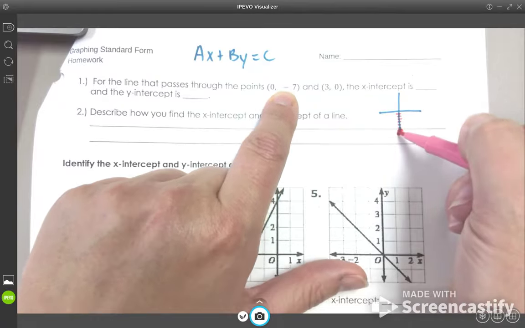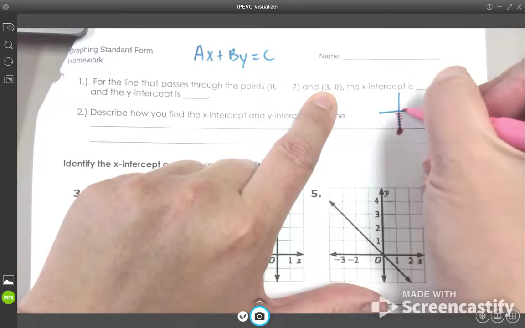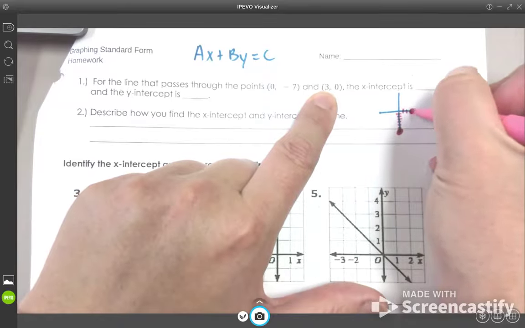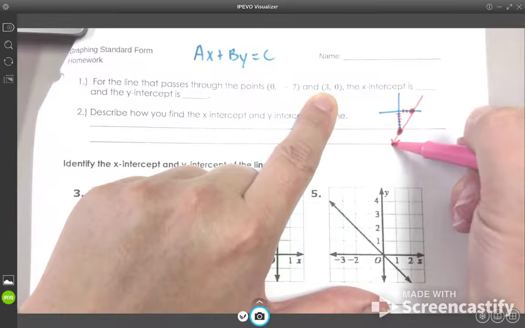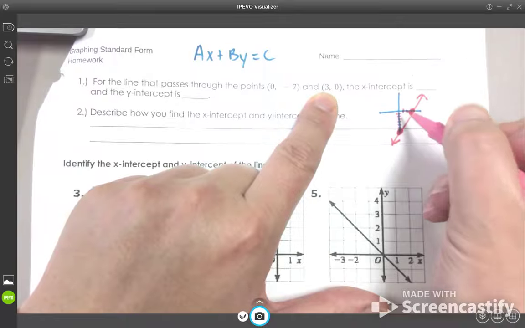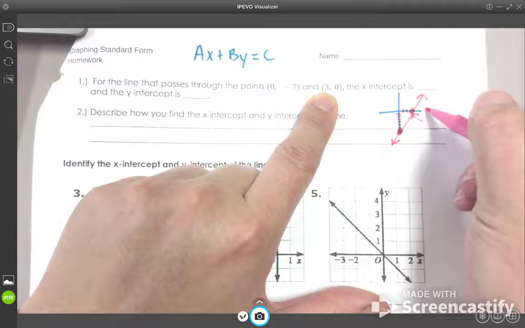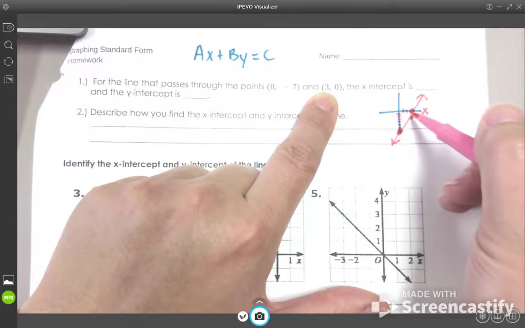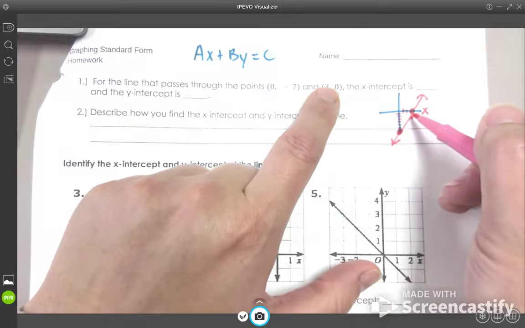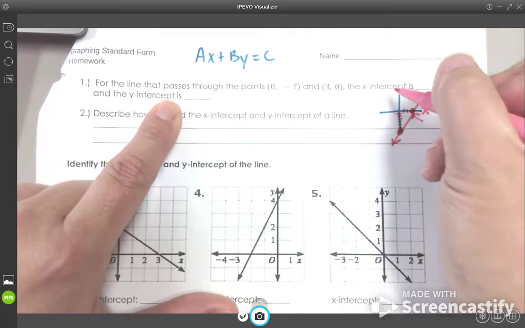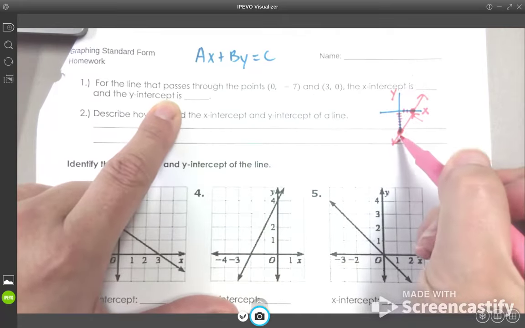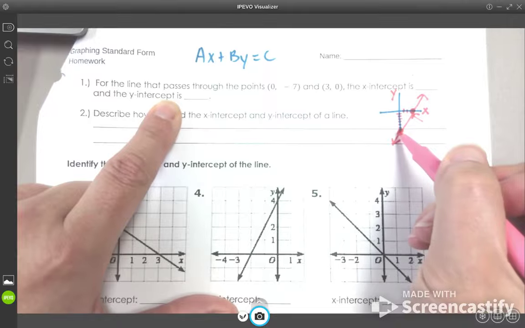So over 0, down 7, and over 3, up 0. So for a line to pass through those points, you can see that there is an x-intercept on the x-axis of 3, that was over 3, up 0, and there's a y-intercept on the y-axis at -7.